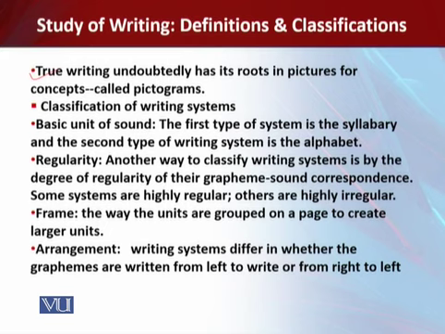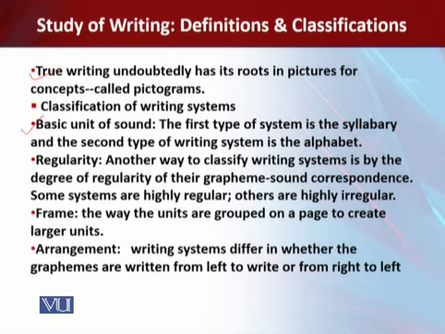Then we have the classification of writing systems, where we have the basic unit of sound as the first point. Writing systems can be classified according to the type of sound units the symbols represent. There are two basic types. The first type of system is called syllabary.